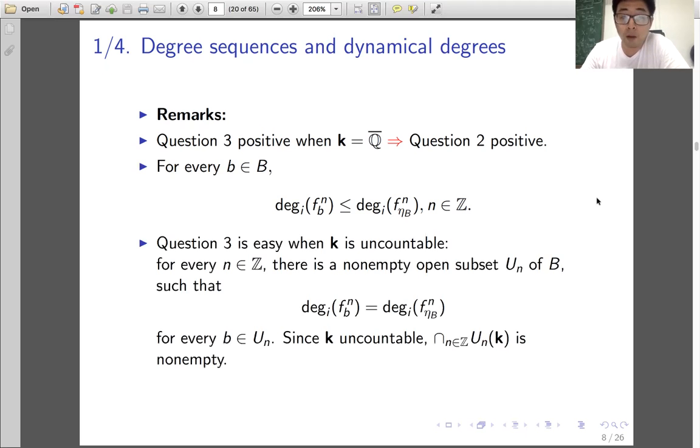Okay, and this question 3 is very easy when k is uncountable, because for every n in Z, there is a non-empty open subset U_n of B such that deg_i(F_b^n) equals deg_i(F_{eta_B}^n) for all b in U_n. So if k is uncountable, then you take the intersection of all these U_n, this is non-empty.